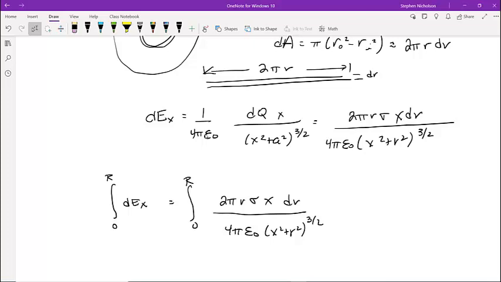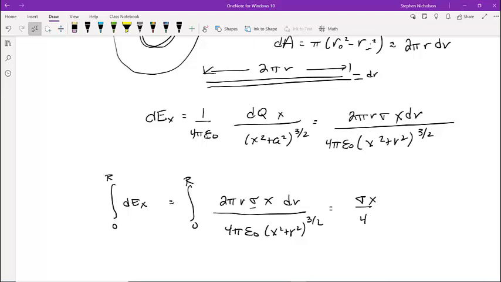Then we can cancel the constants, because we've got the 2 pi and the pi's cancel out. What they do in the book is they don't simplify this. They leave it as 1/4. So you're going to have this term, which is the charge per unit area, and x, because that's not r.